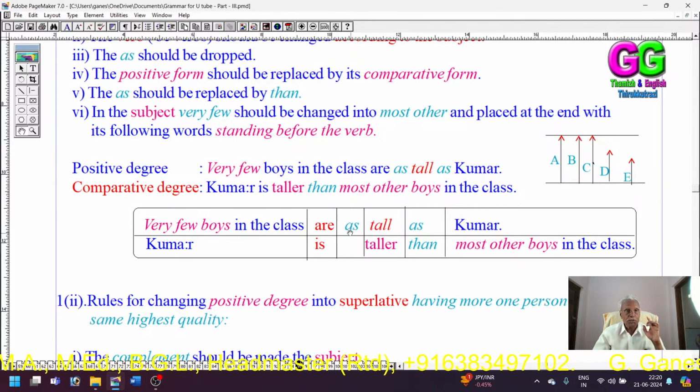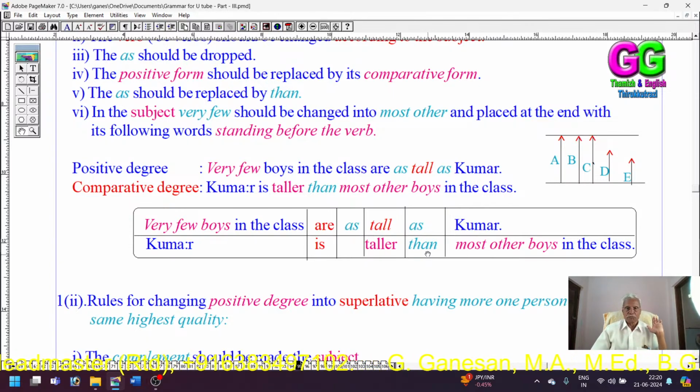Thirdly, the "as" in the positive degree, the first "as" in the positive degree, is removed, is dropped. Then, fourthly, the positive adjective "tall" is replaced by its comparative adjective "taller". Fifthly, the second scale of the positive is replaced by the comparative scale.